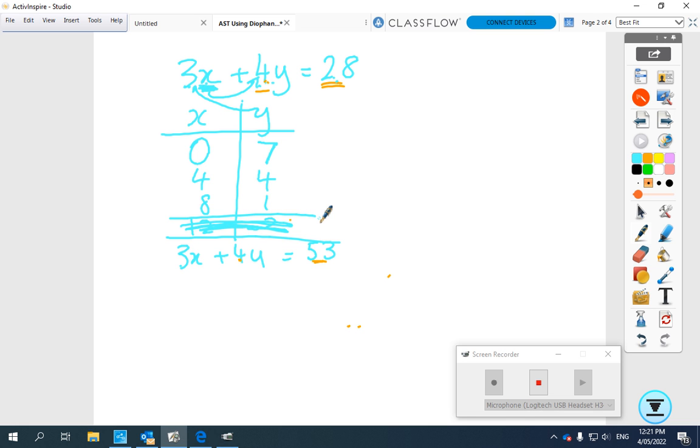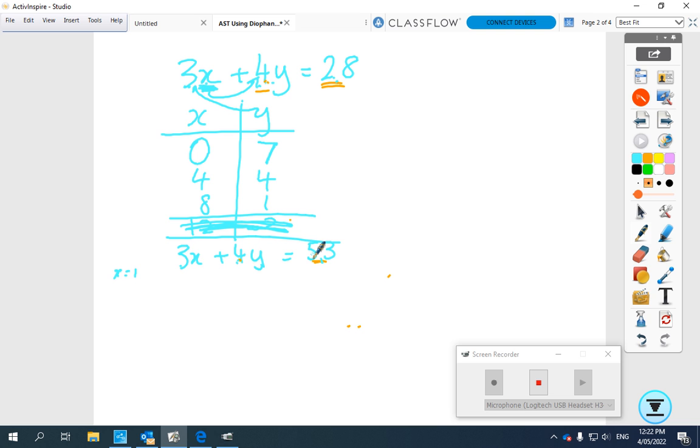So subtract 3, subtract 3, subtract 3, and then we don't need the minus. So there are 3 answers. Now what happens when neither of the numbers goes into the number? Well, you've just got to find a first solution. So we can say, for instance, if x equals 1, I would be subtracting 3 from 53 and then seeing if 4 goes into it. Now 4 doesn't go into 50. So that means that x doesn't equal 1.